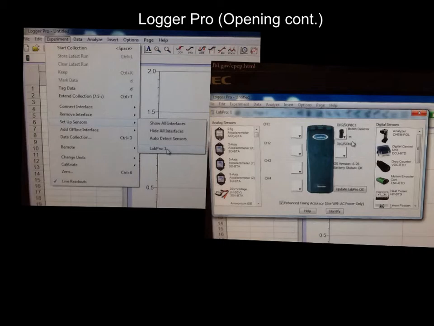Once you have opened up Logger Pro, every time there are a couple of procedures we will want to follow to get ourselves situated before we even think about collecting data. The first thing we will always want to do is make sure that our Lab Pro has been identified and that we have at least shown that the sensors we're using are indeed connected to the proper channels.